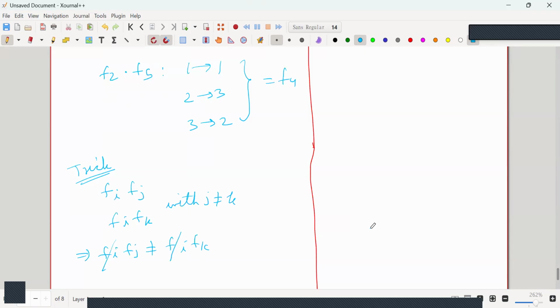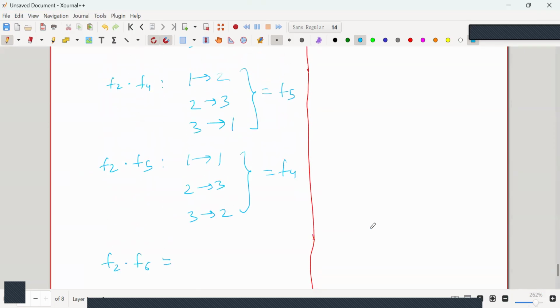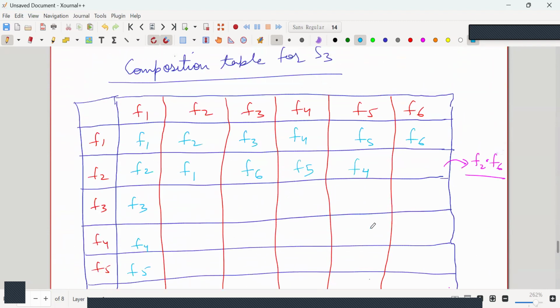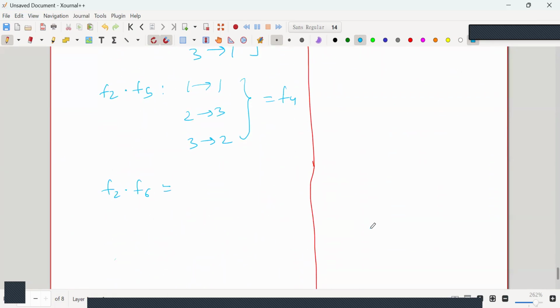So here F2 composed with F6 should be something that we have not obtained yet. So this is going to be F3, right? Directly one can write. No need to check.